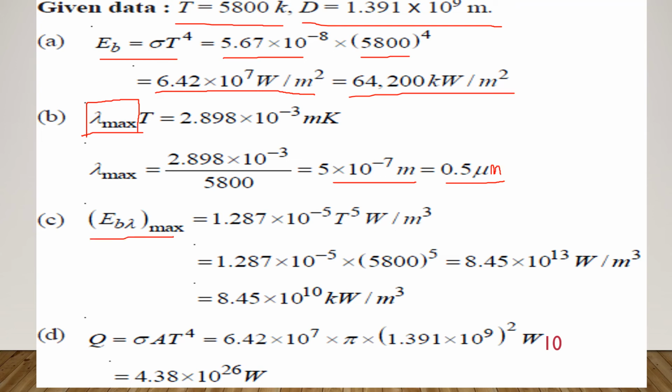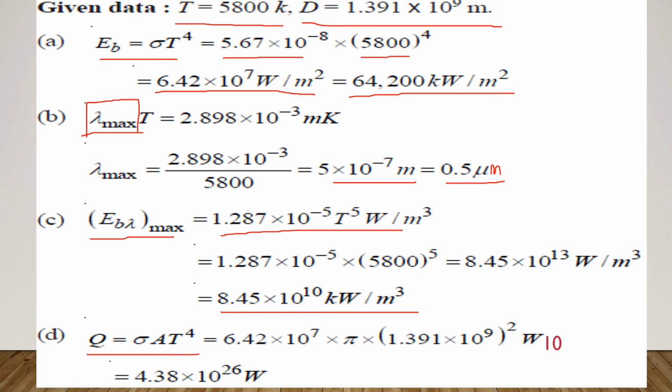Now we have to find out what is the maximum value of monochromatic emissive power. So it is known to us, 1.287 into 10 power minus 5 into T power 5 watt per meter square per meter length, that is watt per meter cube. So we will get the answer 8.45 into 10 power 10 kilowatt per meter square per meter length, or you can say kilowatt per meter cube.